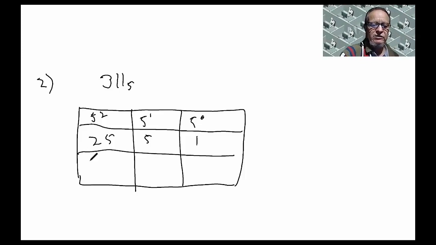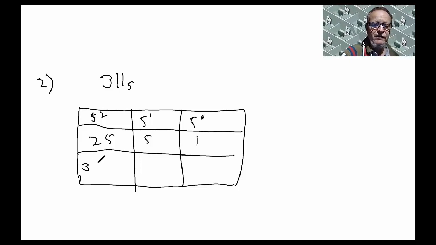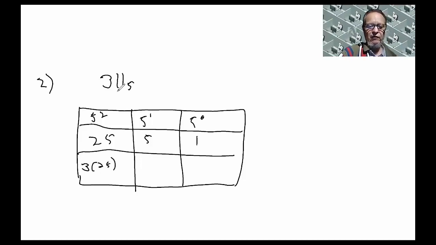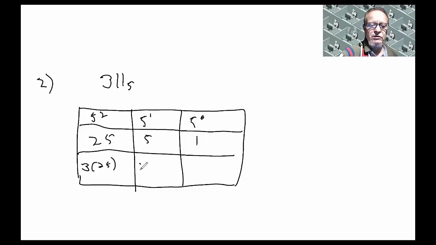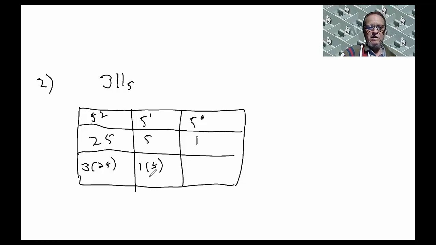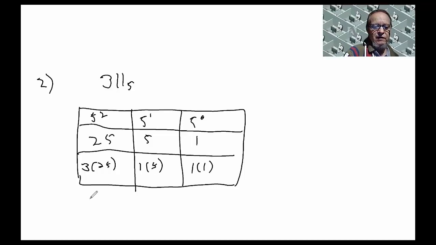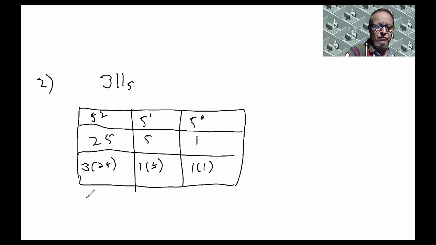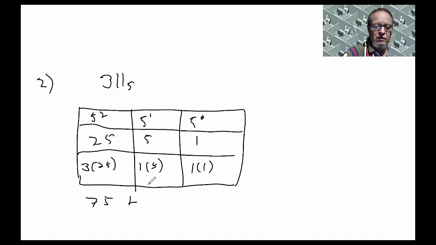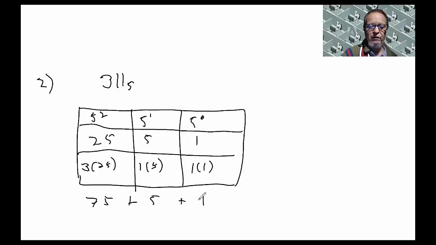And in this case, we have 3 of these, so it will be 3 times 25. And I have 1 rod, so that's 1 5s. And then I finally have 1 1. And then I'll write 3 times 25 is 75, plus 1 times 5 is 5, plus 1.